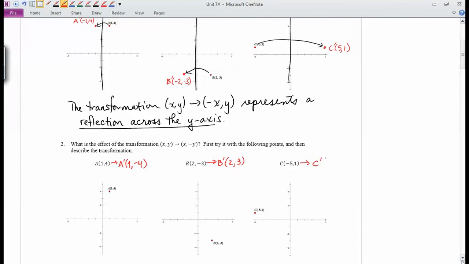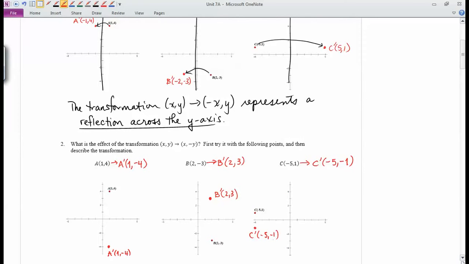And then C prime, the x stays the same, but the y changes sign, so it went from 1 to negative 1. And if I graph those guys, (1, -4) is down here, so here's A prime. B prime is (2, 3), so right about there. And C prime is (-5, -1), so that's about here.